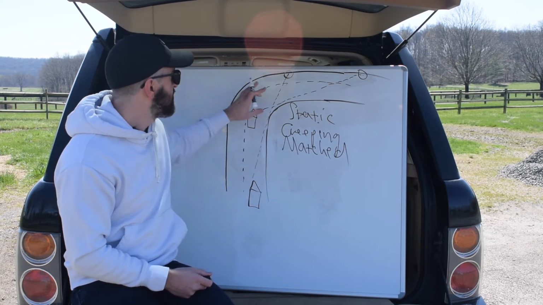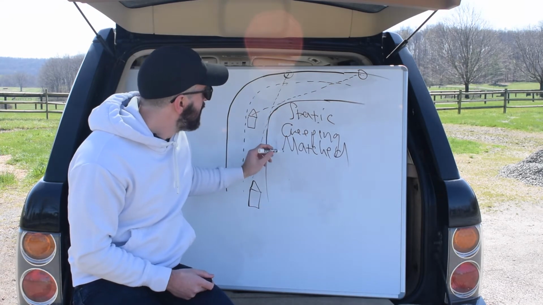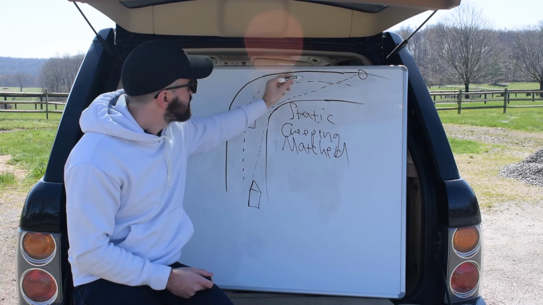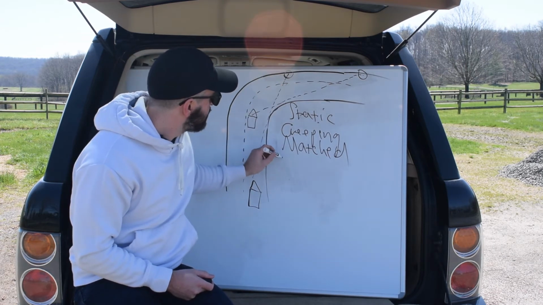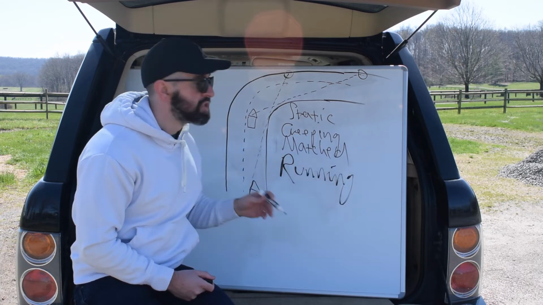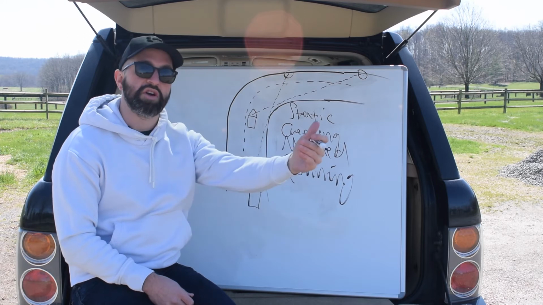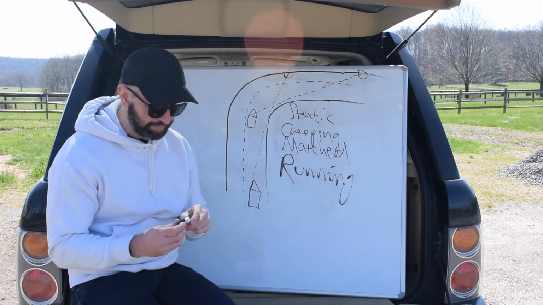This is for standard bends, we're not thinking of double bends or anything like that at this point. And then finally, as you start to exit the bend, you'll find that the vanishing point should be running away from you. And at that point, you can start to apply more acceleration as you exit the bend.